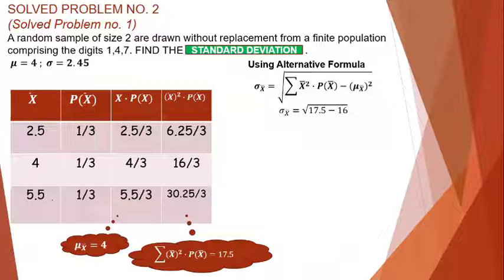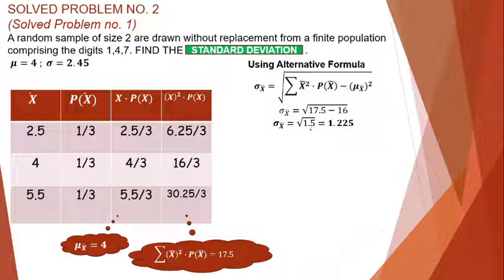Squared of 5.5, 30.25 times 1/3. Ganun. Okay, 17.5. Since kahit i-add nyo yan, ito rin naman ang lalabas. 17.5 minus 16, since squared ng 4 niya is 16. So, we have 1.5. So, your variance is 1.5.